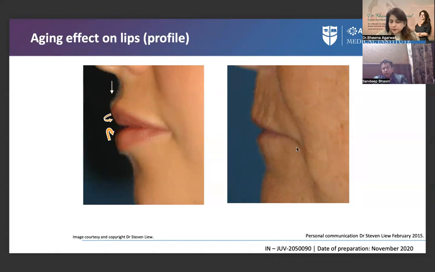So whenever you're working at the commissures, do you give Botox also to depress the angle of the mouth? If the person is taking Botox and fillers both, then I would save 1 or 2 units for this area, for the DAO. But if they're not taking Botox, then I wouldn't do it because it's not very practical. Botox is all calculated; for 2 units, I will not open a vial.